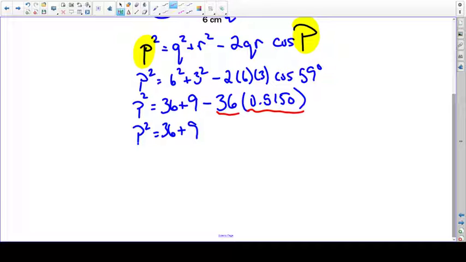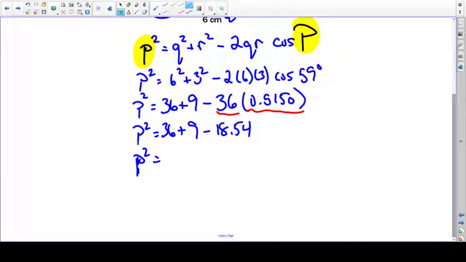And when you do that, you're going to get 18.54. And while I'm only writing that part down to 2 decimal places, I have the whole thing on my calculator still. And once again, I suggest that you do the same, at least until we get to the final answer.